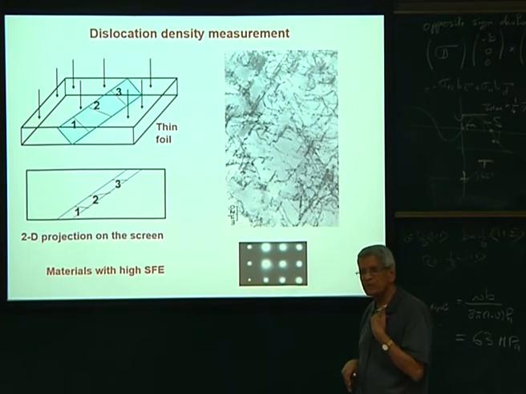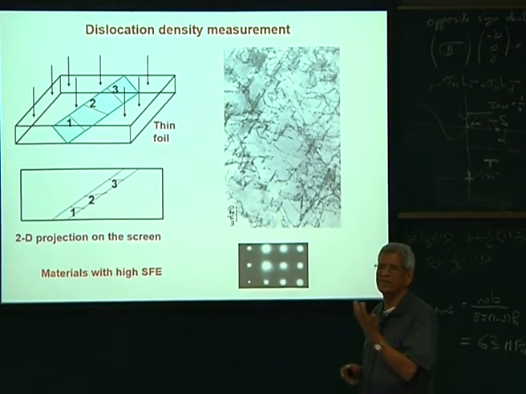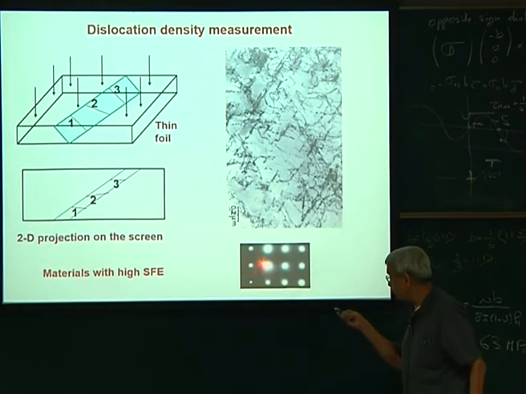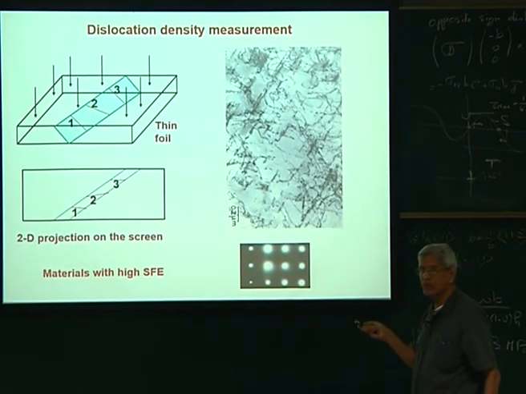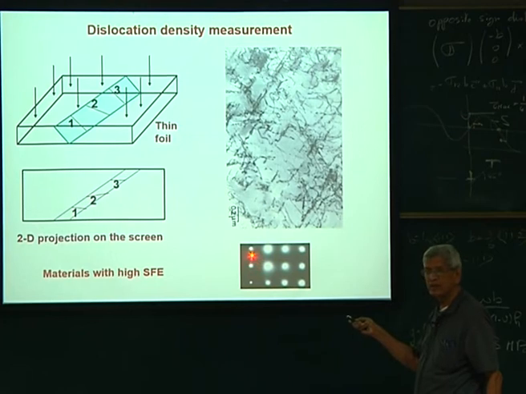Okay. For which, a method I have found is that if I go to a multi-beam condition where all the spots are equally strong, I put an aperture around the central spot and image it.